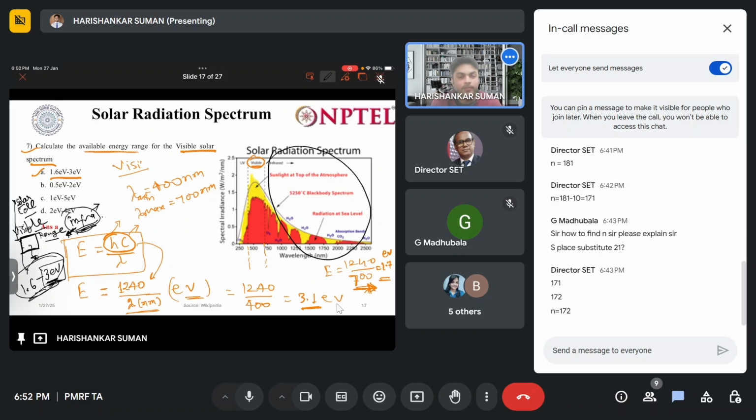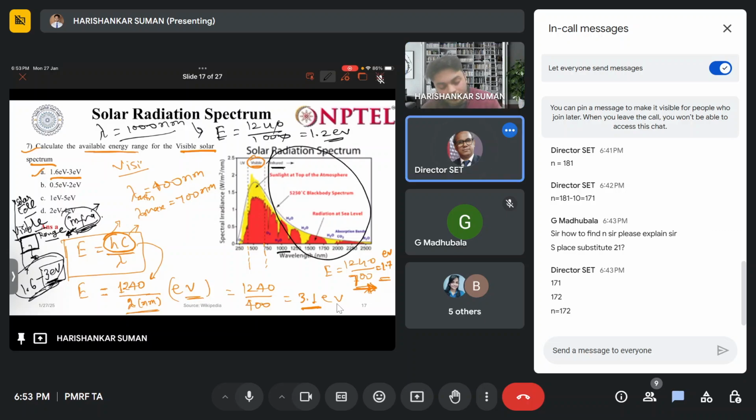Yes or no? So for infrared, let's say lambda equal to 1000 nanometer, what is the corresponding energy? 1240 divided by 1000. Only 1.2 electron volt. So this is not sufficient energy to excite the electron from the valence band to the conduction band.